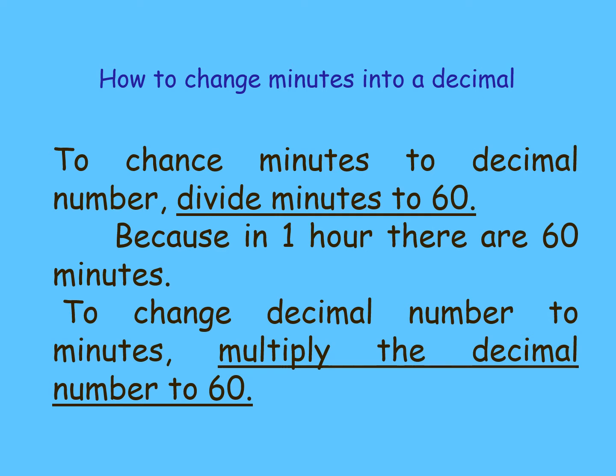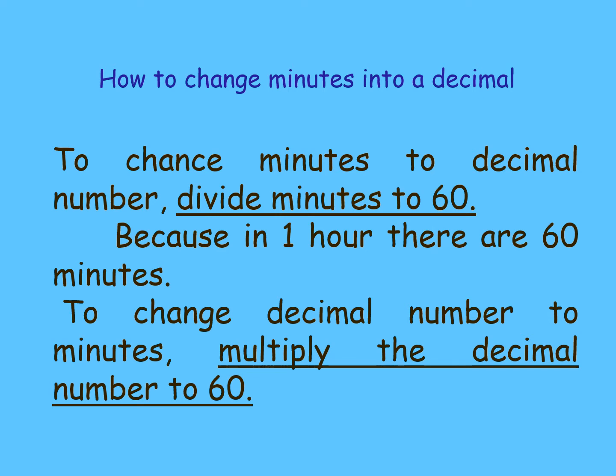Now, in dividing and multiplying numbers, we cannot divide or multiply a number with different units. For example, 1 hour and 30 minutes times 5 meters. Can we do that? No. So what are we going to do?